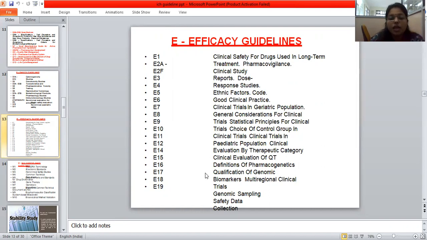pharmacogenetics and qualification of genomic structure, their efficacy of genomic area or genomic formulation. We can go for that particular product for their efficacy testing by referring the E17 guideline.